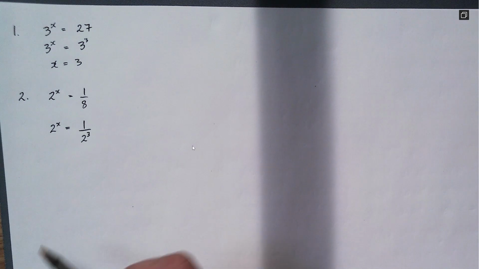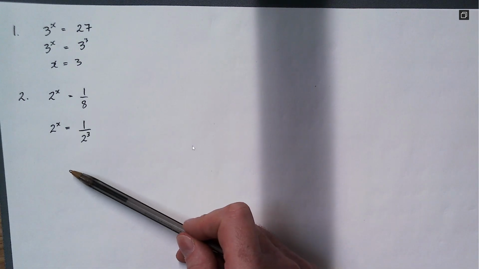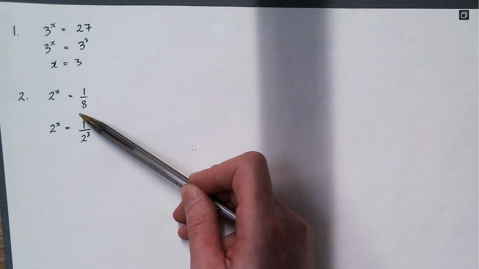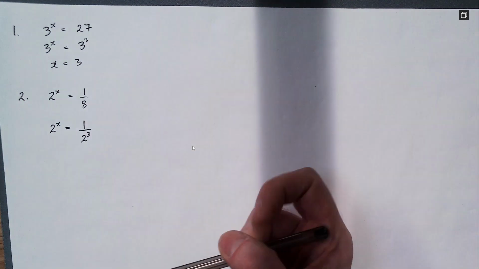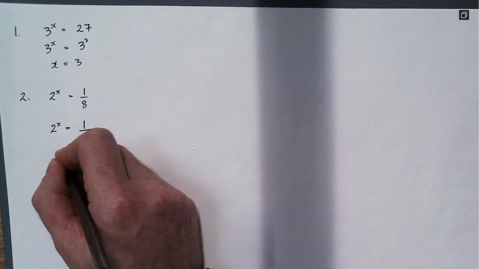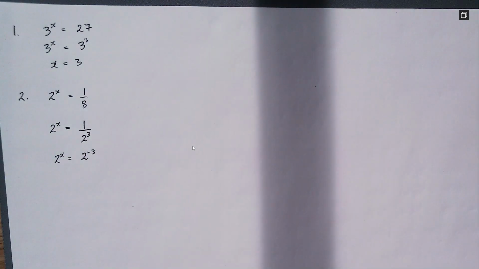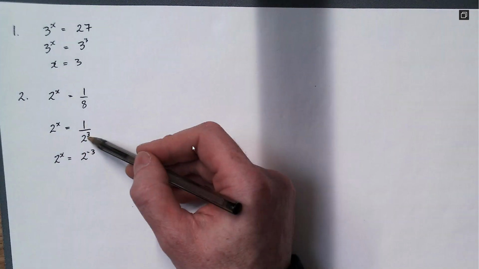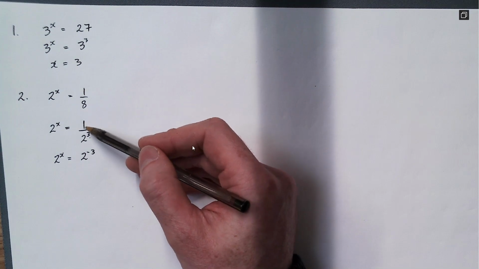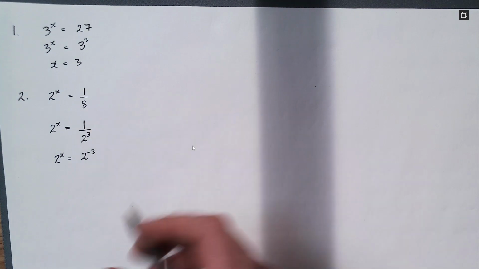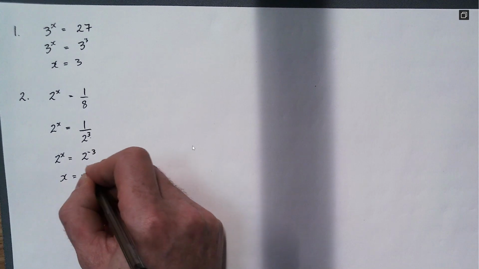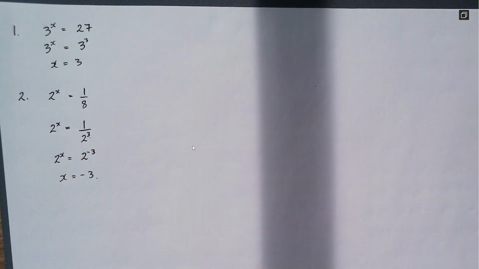Using the third law of indices, 1 over 2 to the power of 3 can be written by changing the power, so it equals 2 to the power of minus 3. So 2 to the power of x equals 2 to the power of minus 3, so x equals minus 3.